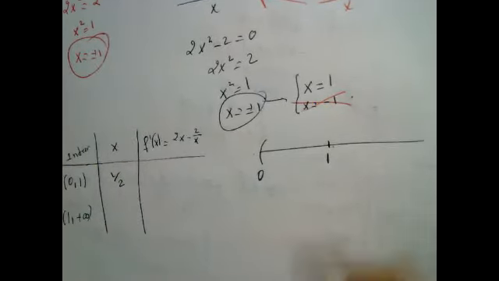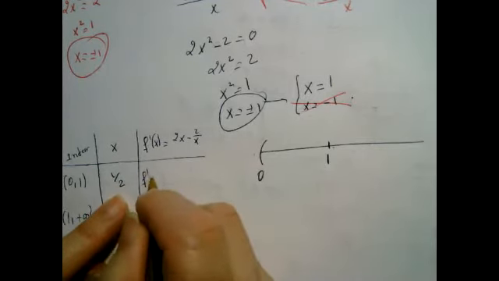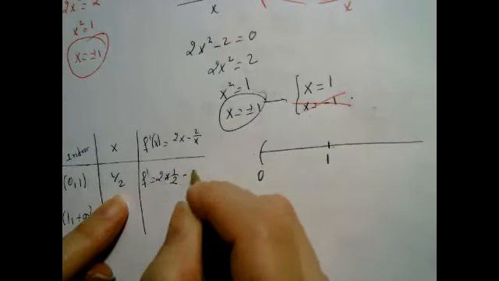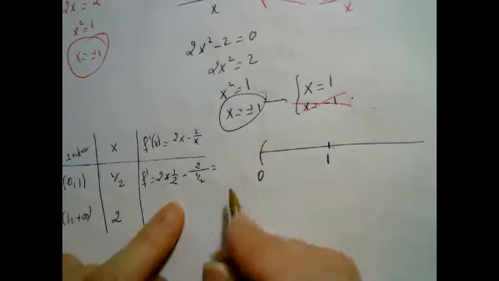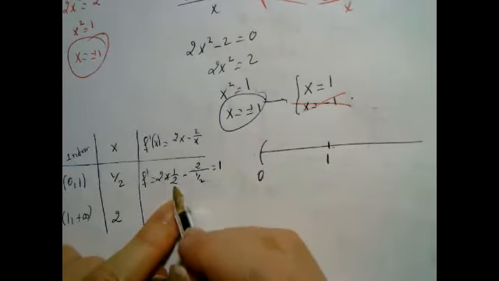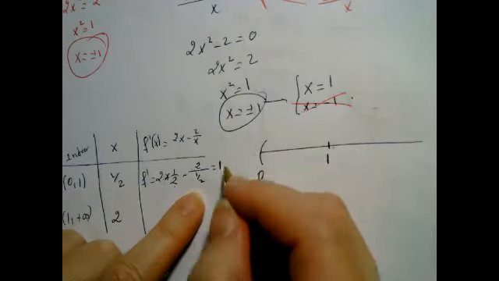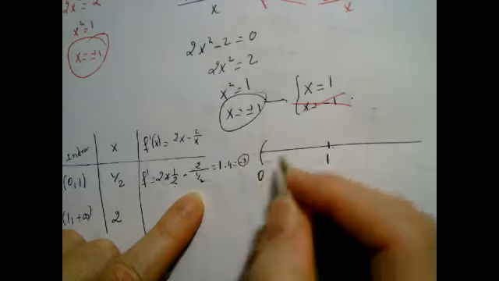Between 1 and infinity, of course, 2. So here I will get f prime equal 2 times a half minus 2 over a half. So it's going to give me a 1 minus 2 over a half, which is going to give me a 4. So 1 minus 4, which is minus 3.